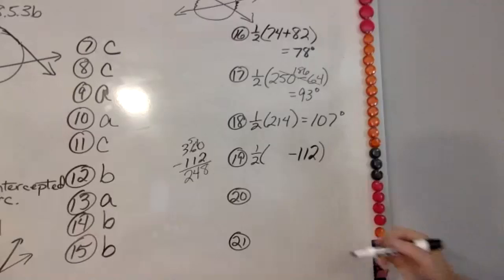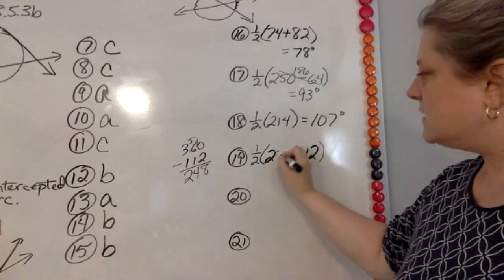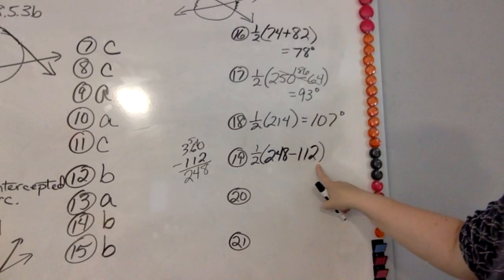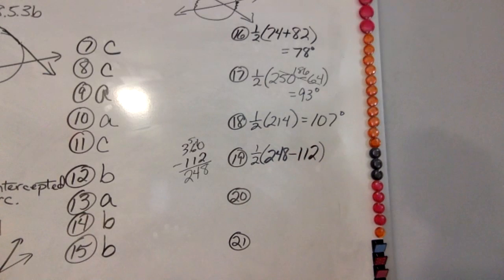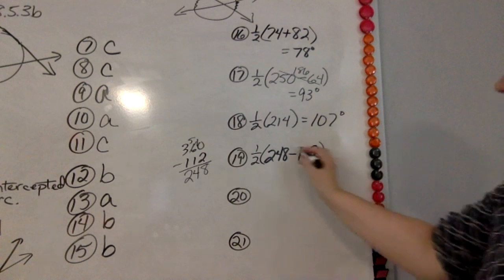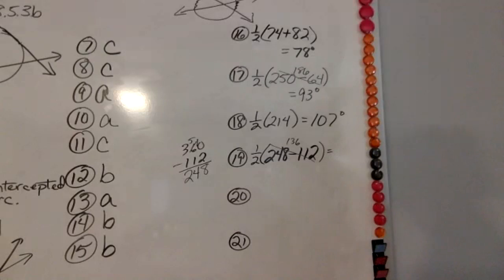Everybody agree with that? Yep. Okay. And so that's my big arc, and I'm going to take my big arc minus the little arc closest to the angle, and then I'm going to divide it by 2. So I have 248 minus 112, and then divide it by 2.